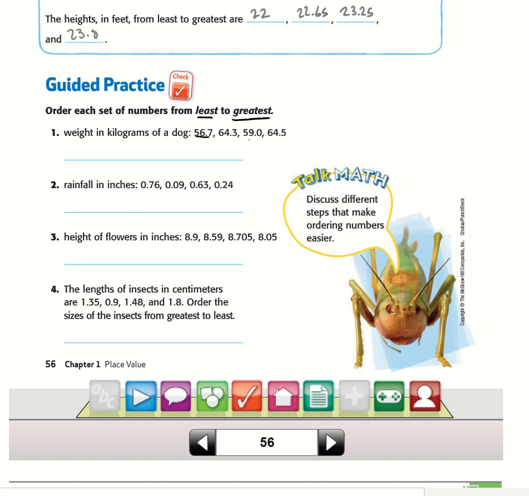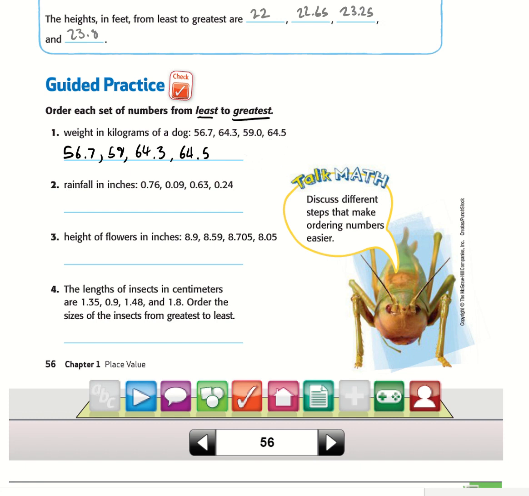I know my 50s are going to be the least, so I have 56 and 7 tenths, 59, and then I have 64 and 3 tenths, 64 and 5 tenths. That is from least to greatest.